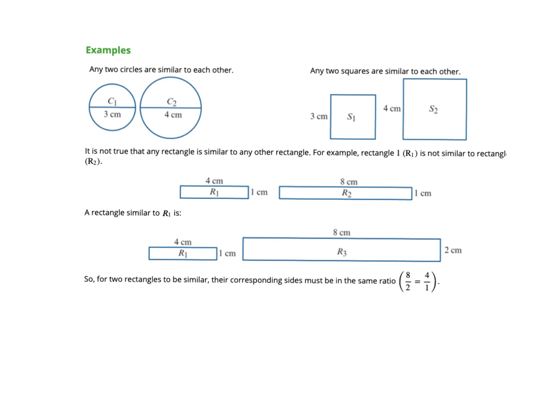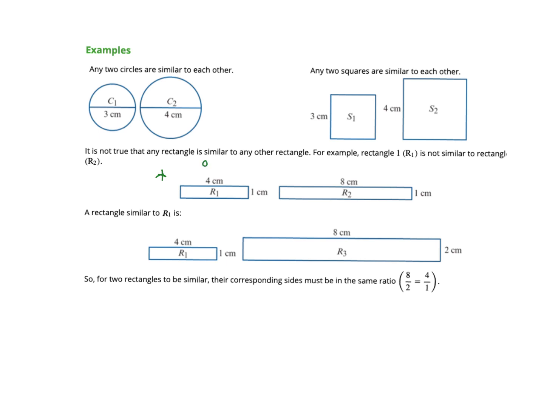So a circle, we could say they're similar. And over here, we can say 2 squares can be similar. Now we're going to look down at the next one, down here, and see if it's similar. If these two shapes were similar, we would get the same ratio or scale.